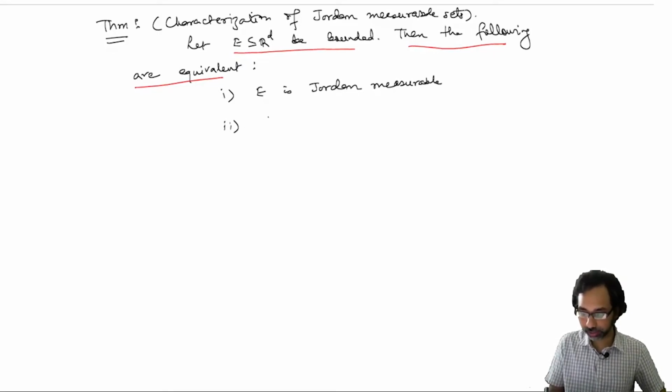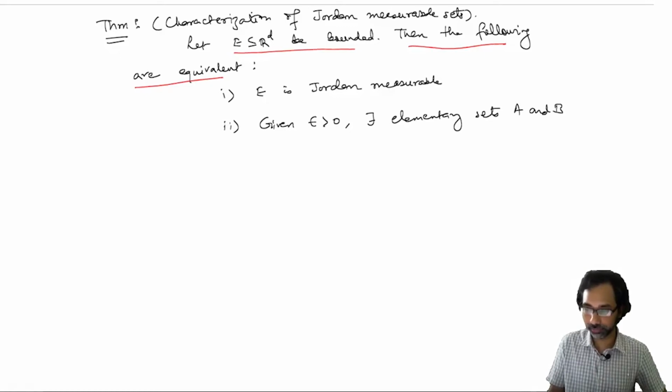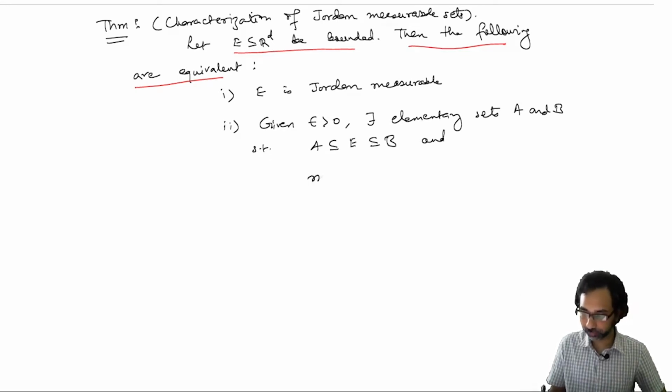Second is that given epsilon greater than 0, there exist elementary sets A and B such that A is a subset of E and E is a subset of B, and the elementary measure of B minus A is less than or equal to epsilon.